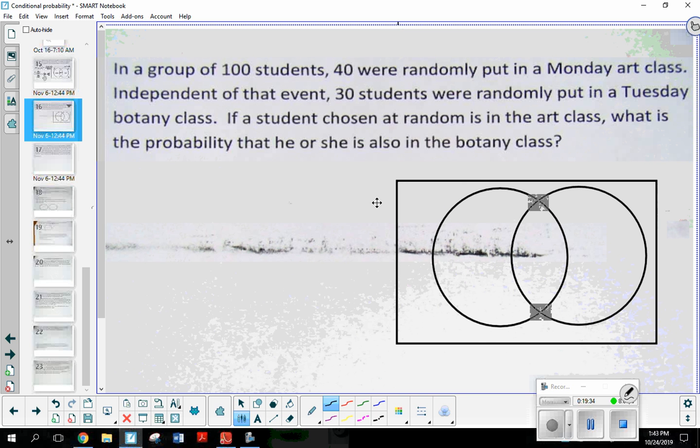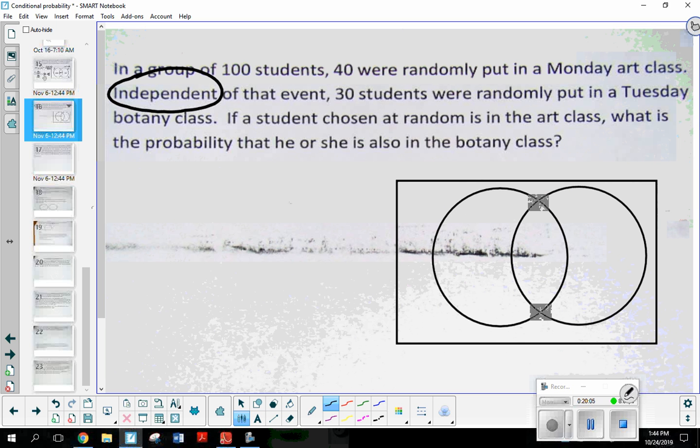Now, I'm going to give you 2 pointers as you go into this problem, 2 hints. This is also a conditional probability problem, because of the way it's stated. What's the probability that he or she is in a botany class knowing what? Knowing the student is in the art class. So it is conditional probability, just like the previous one, but also, this is very important, independent of that event.